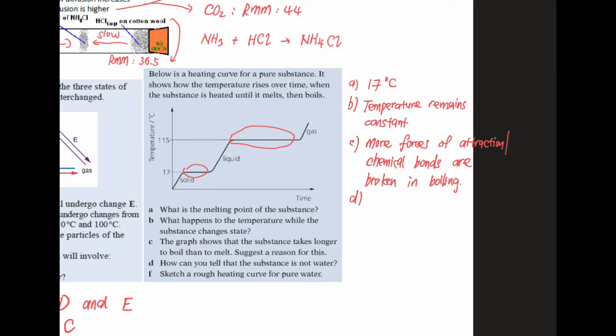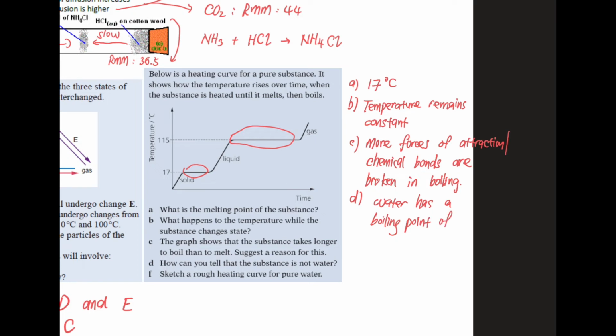Now let's see part D. How can you tell that the substance is not water? Because its boiling point is above 115 degrees.